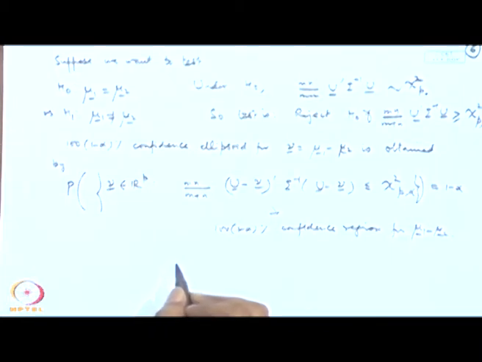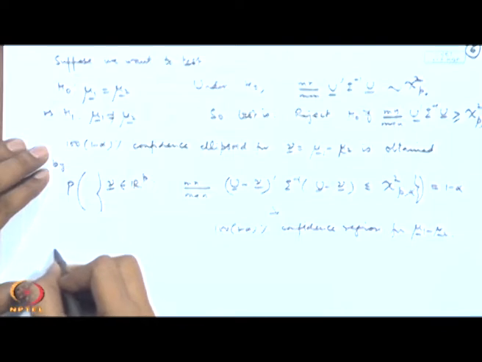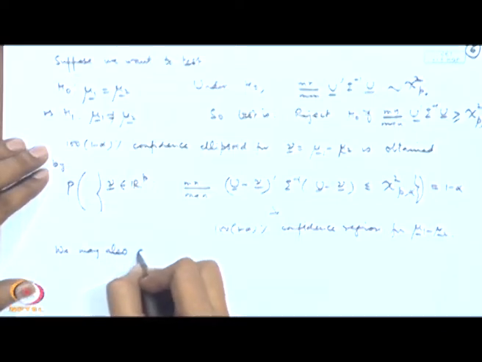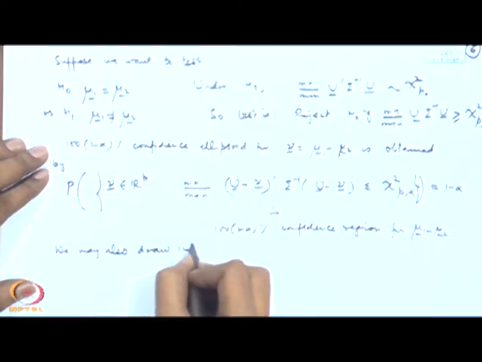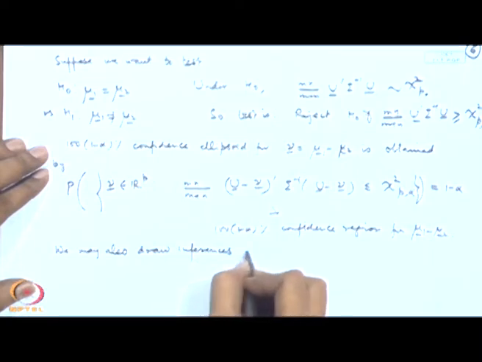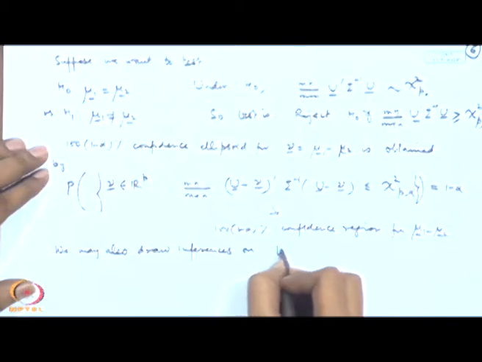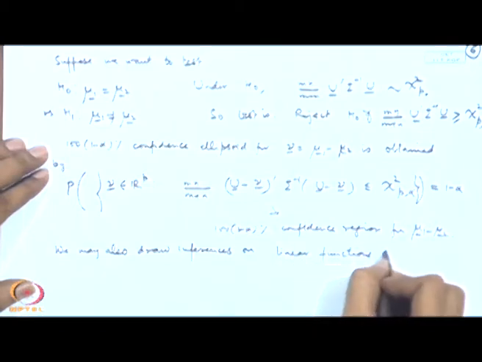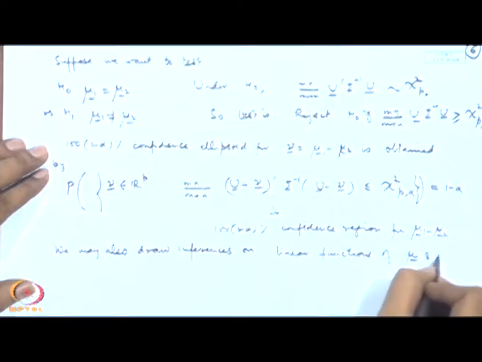One can actually also write for some linear combinations also. We may also draw inferences on linear functions of mu 1 and mu 2.